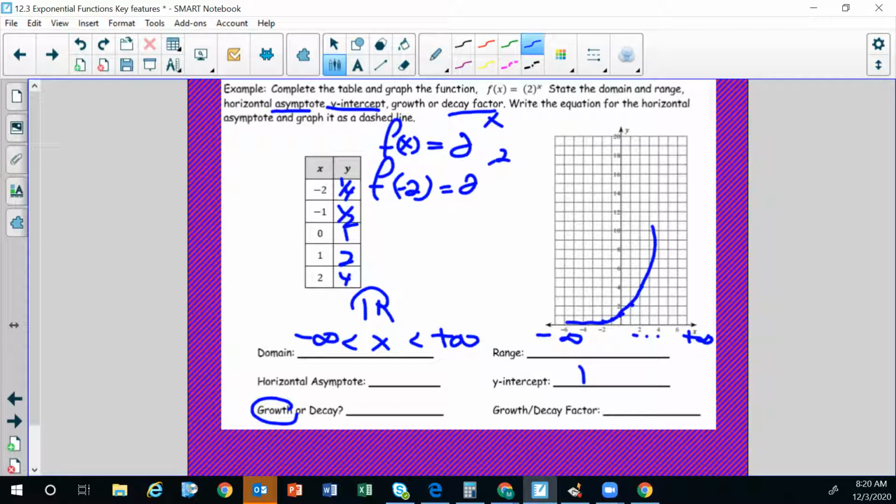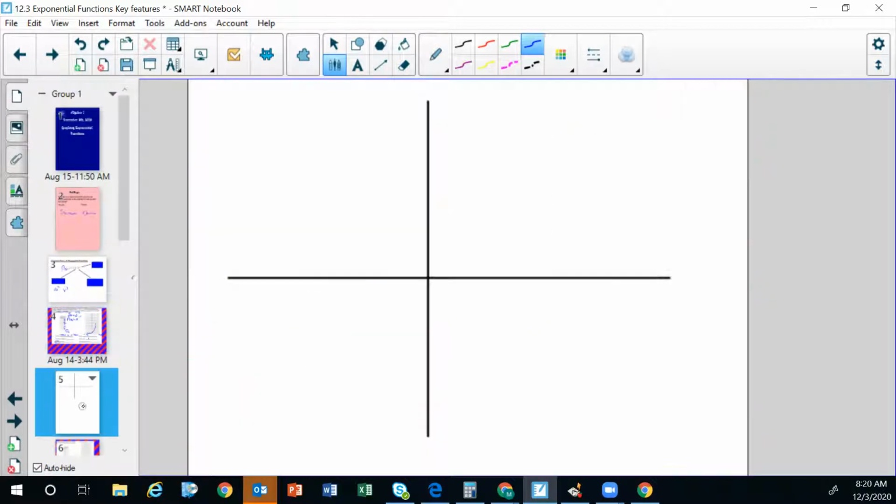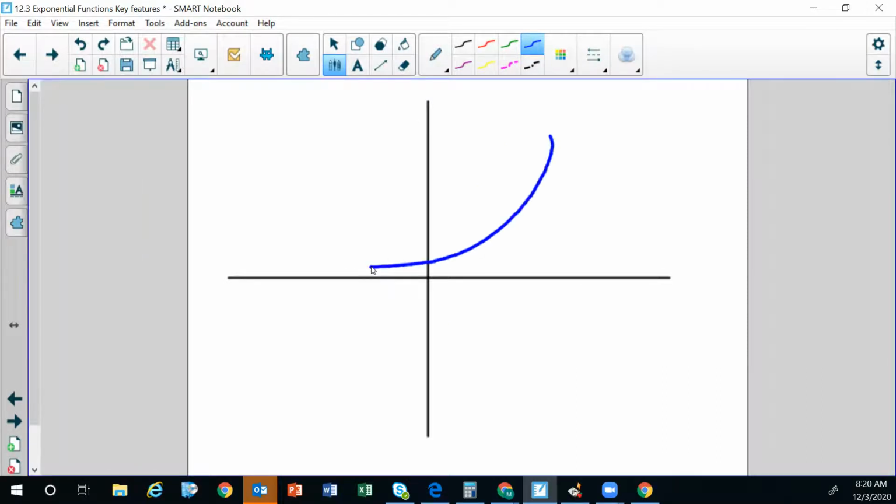Okay, for instance, if you're given a graph like this, and they put a closed dot right there, right, then you know it is not all real numbers anymore because there's a restriction on it. So you got to start right here. All right. If there's no restriction on it, then you know the graph is all real numbers. Don't forget this, guys, in this class, in Algebra 1. All right.